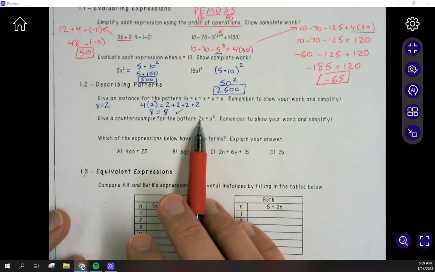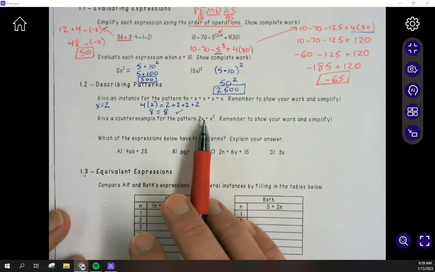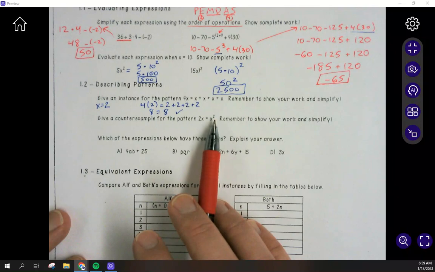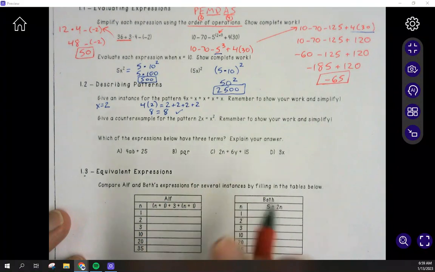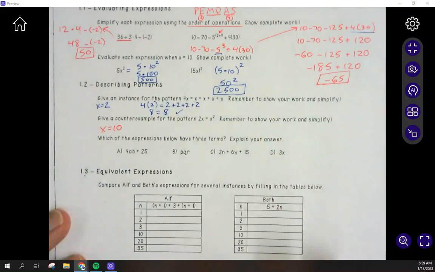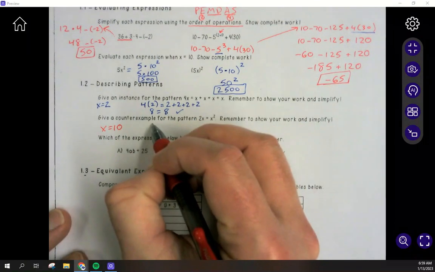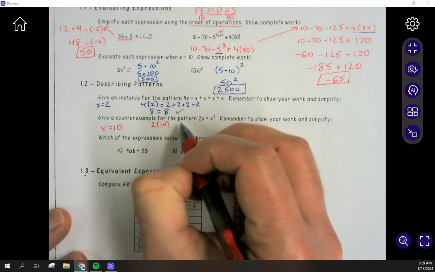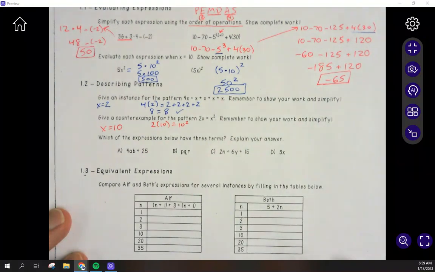So if you take a look at what x is and what's happening to it, they're showing you that 2 times most numbers is different than that number squared. All right, so let's pick something easy like I'll do 10. You'll notice that they chose 5 on the answer key. Perfectly fine as well. So I'm going to plug in 2 times 10. And here I'm going to have 10 squared.